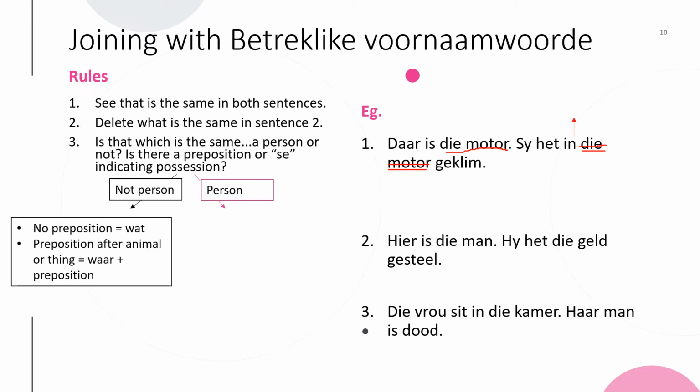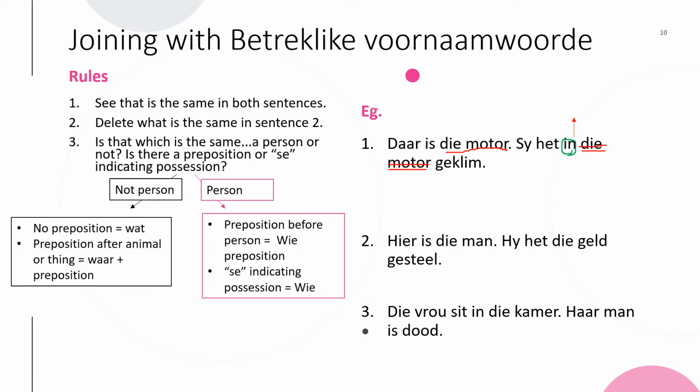So if there's a preposition, we'll have to use waar and the preposition for an object or an animal. So since the motor is an object, there's a preposition which is in before the object. We are going to have to use the word waarin.